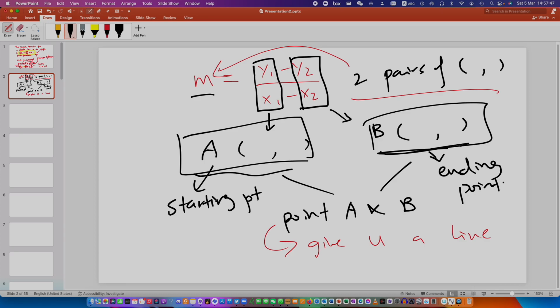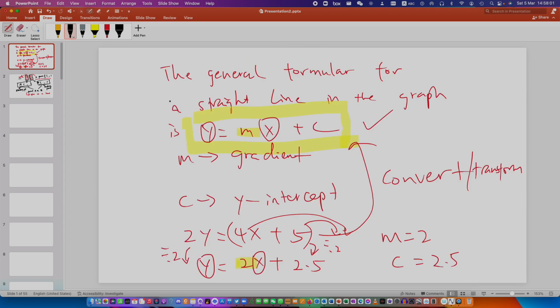But in fact, in English, point A means starting point, point B means ending point. Okay, so it makes sense, right? Okay, good. So you can find gradient from looking at the general formula. In fact, this method is called by comparison.